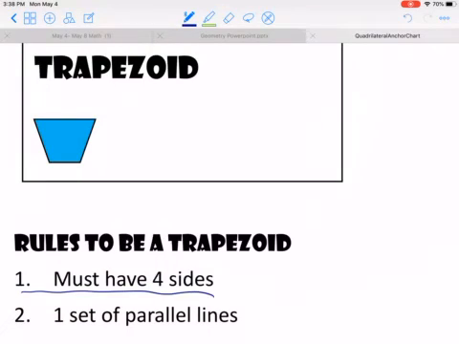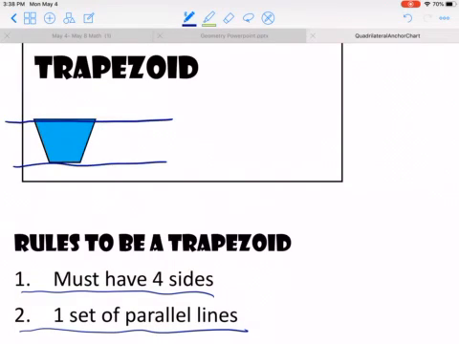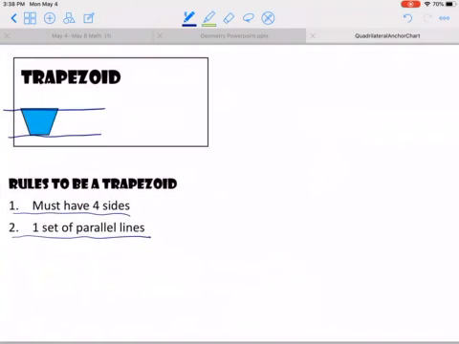That means it's quadrilateral, and it has only 1 set of parallel lines. So if I drew a line here and here, these are not parallel because they cross. Where these cross make them not parallel. So that's not the 1 set of parallel lines. These lines right here are parallel. That makes this shape a trapezoid.